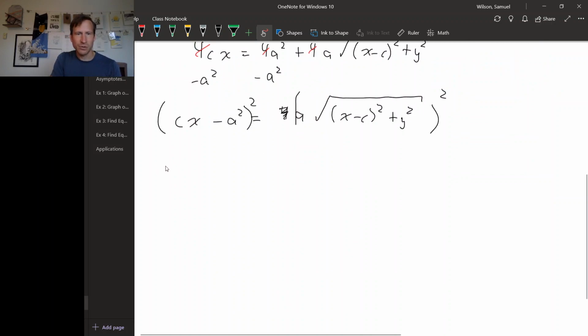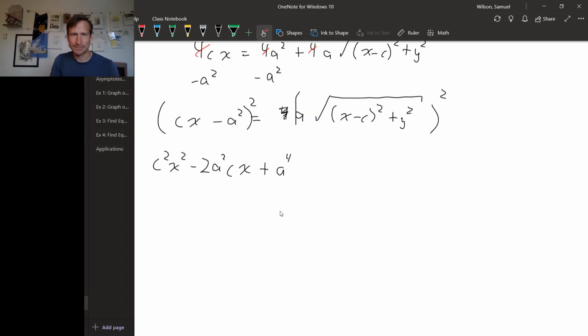On the left, we're going to get c²x² − 2a²cx plus a⁴. All right, and on the right-hand side, we get a² times this whole square root squared, and that just undoes the square root.